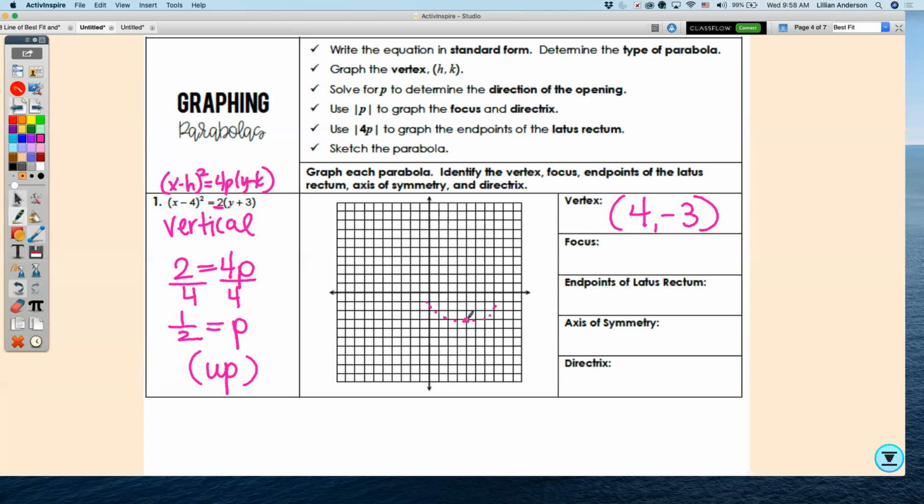Okay, I wish I could blow this up a little bit bigger so y'all can see it. But if I'm at 4, -3 for my vertex, then my focus is going to be 1/2 unit from my vertex. What point is that located at?